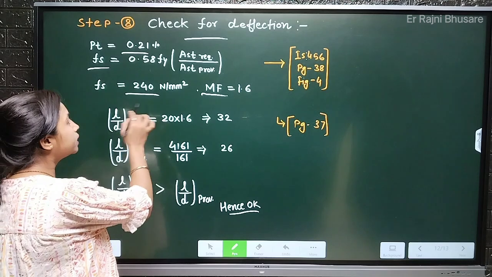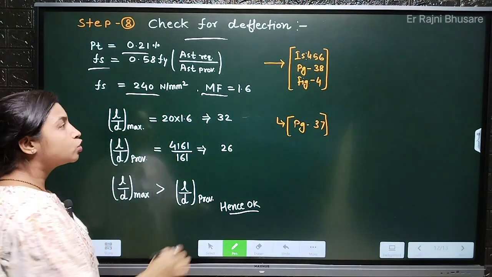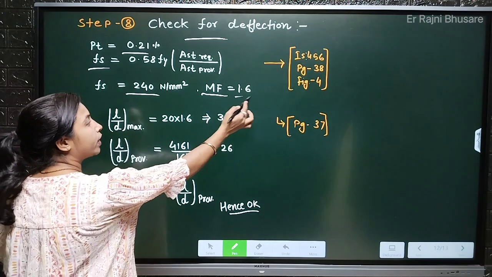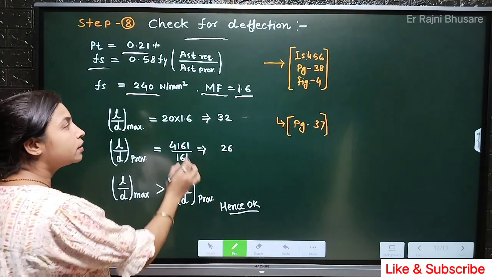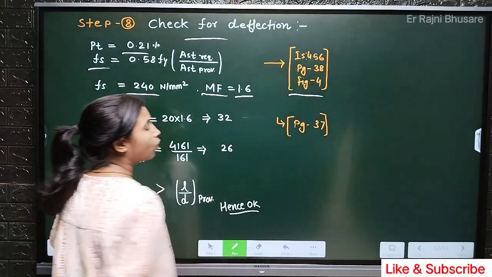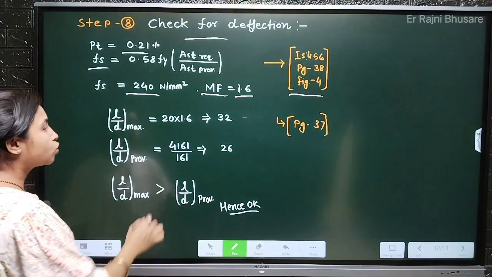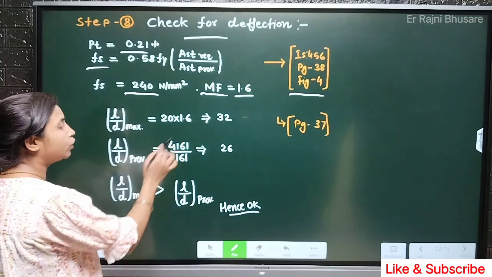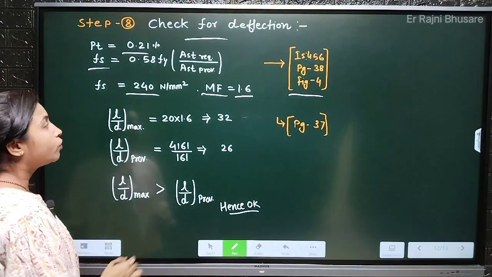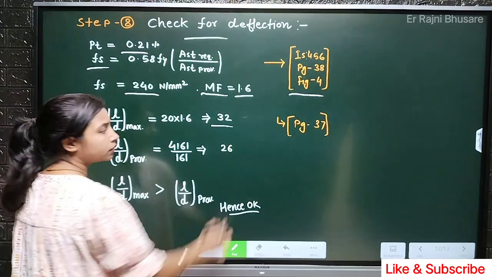According to this value we can determine the modification factor. So our modification factor value is 1.6. You can see page number 38 and check figure number 4. After that, our ratio L by D maximum is 20 into modification factor. With modification factor 1.6, here it is 32.